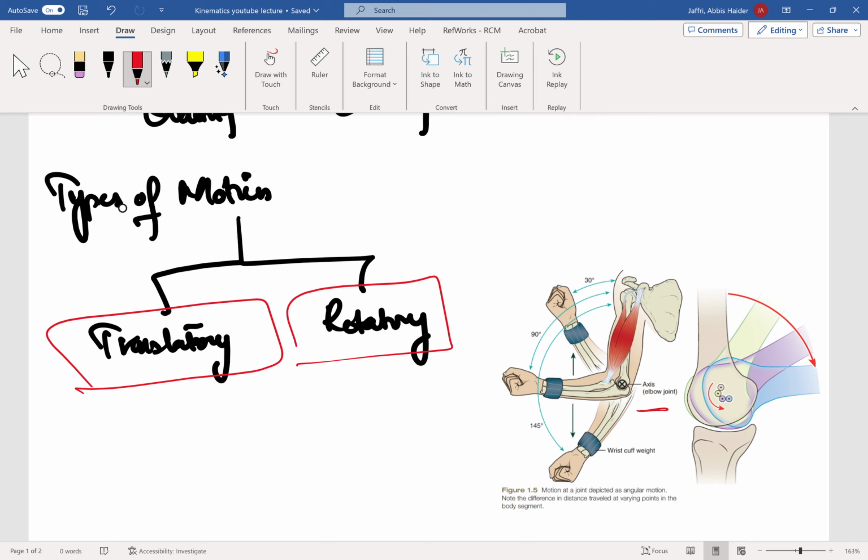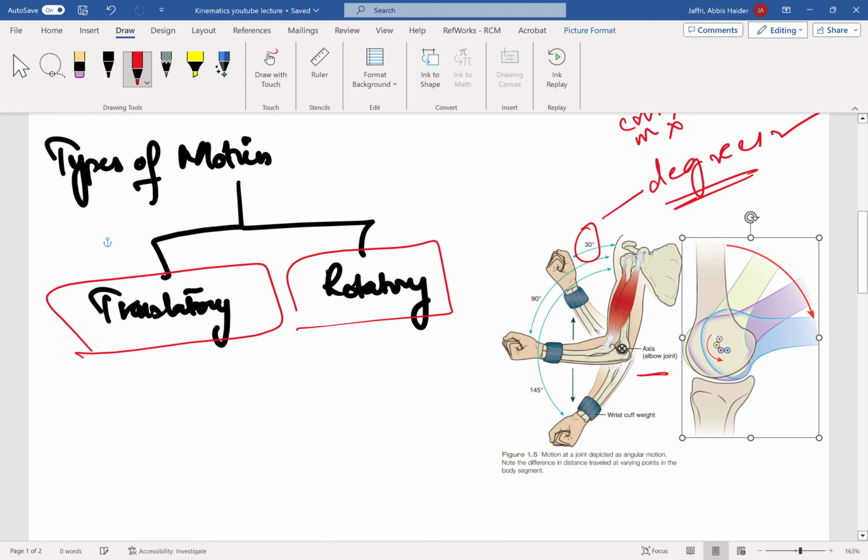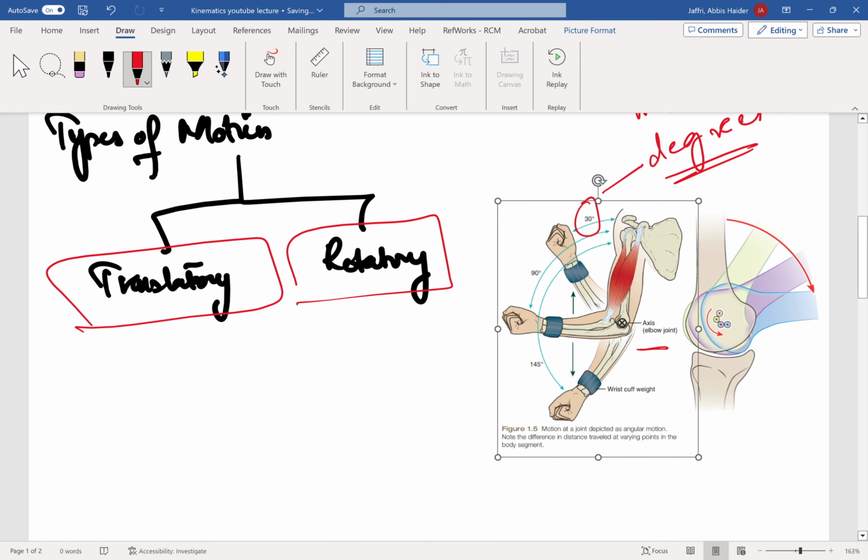That is the reason that, when we measure human motion, we measure it in degrees. We don't use centimeters or meters to discuss human motions, but we use degrees to describe the amount or the range of motion. So this is a rotatory motion.